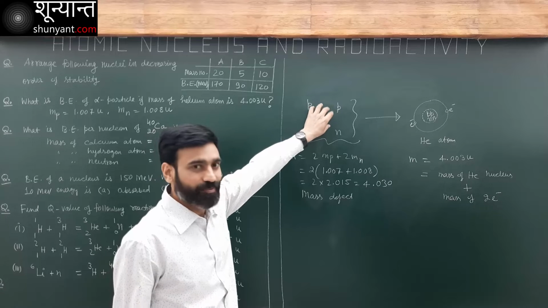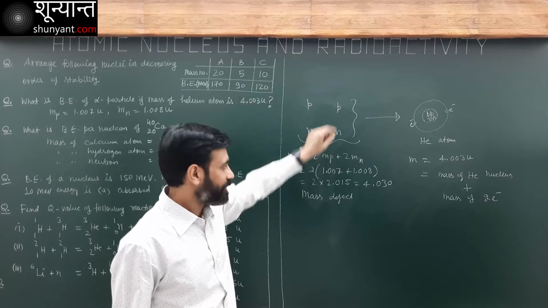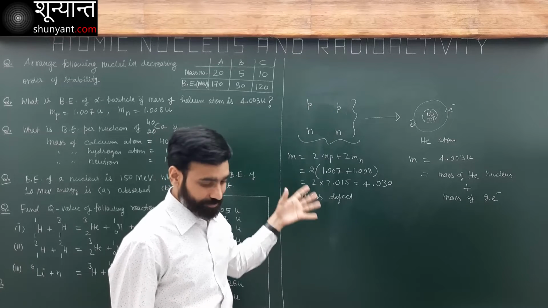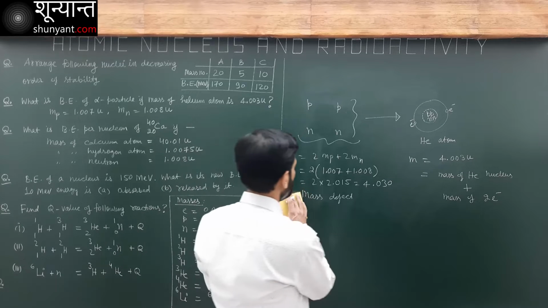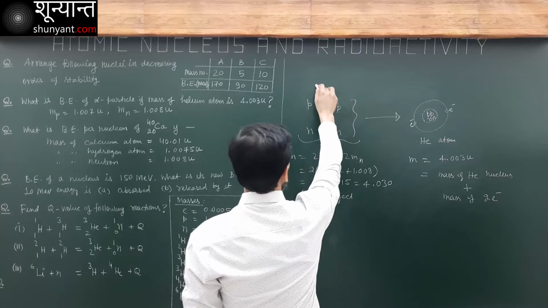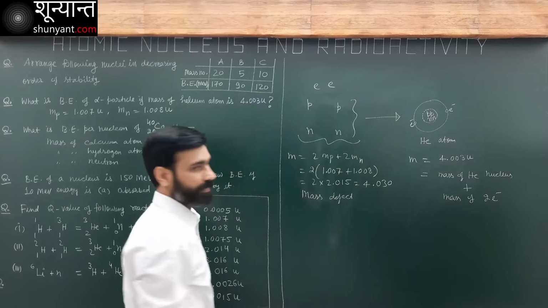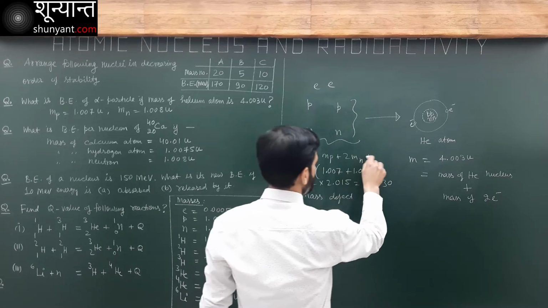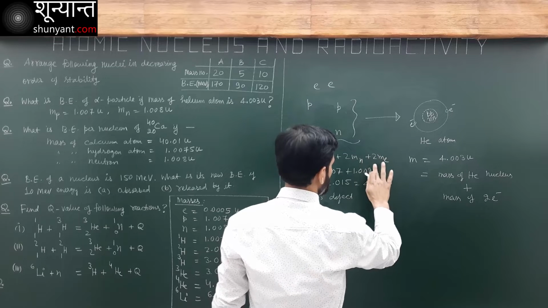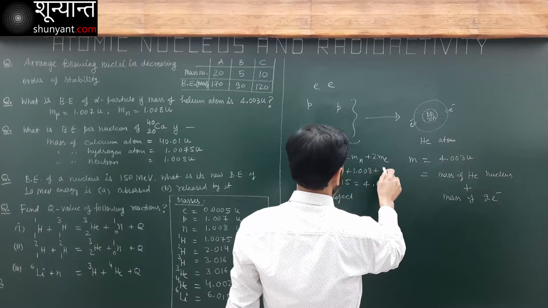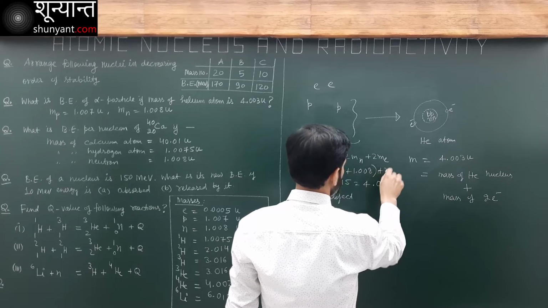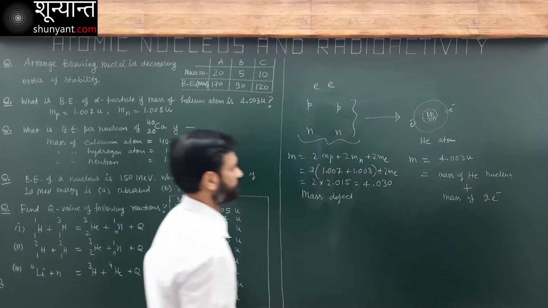What is the mass defect? Okay, no, I think I should write electrons also. Plus 2 times the mass of electron.